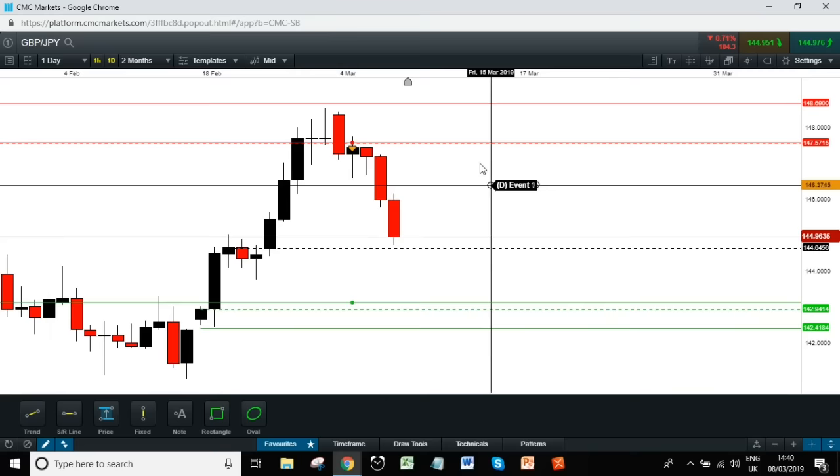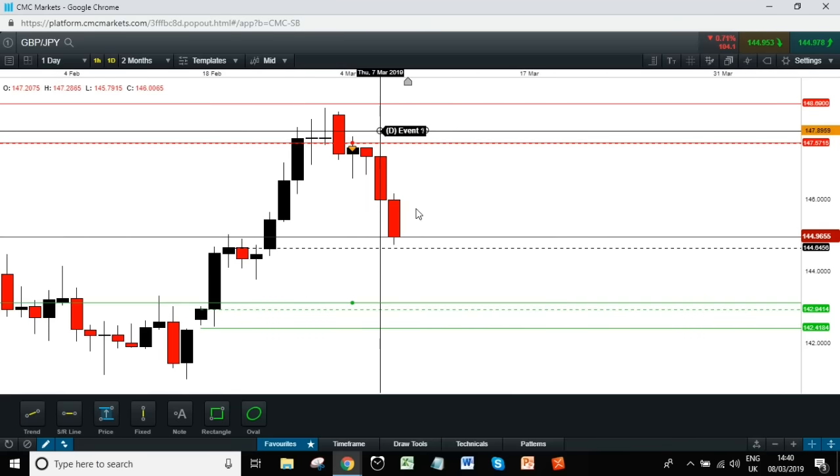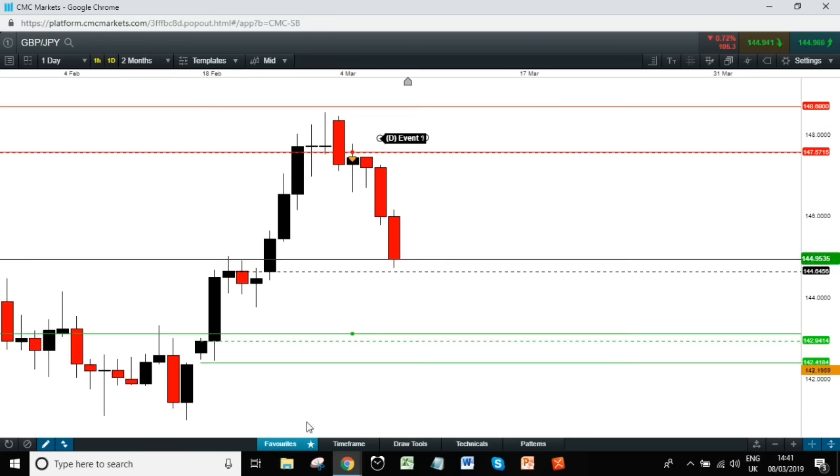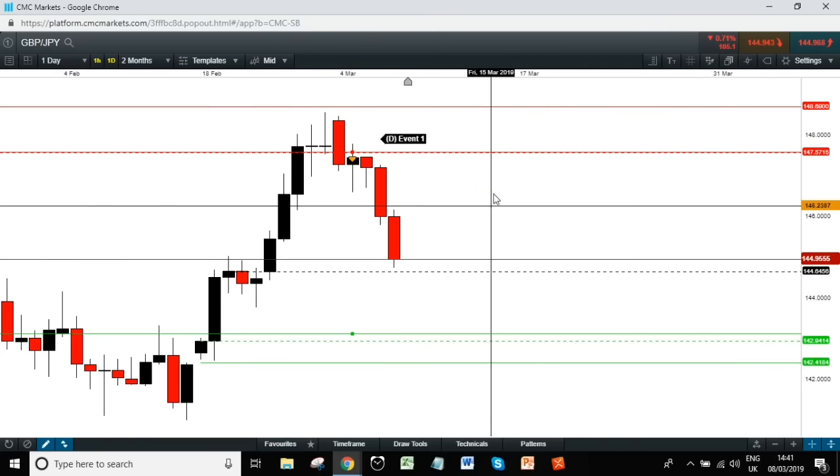The market moving into the zone is the first event in the process, and there's 3 events in this particular process. In other processes, there's 5 events, but in this one there's 3, and the third event is also the trigger event as well. And I'll explain what that means. So this is the first event, the market actually moving into the daily level.